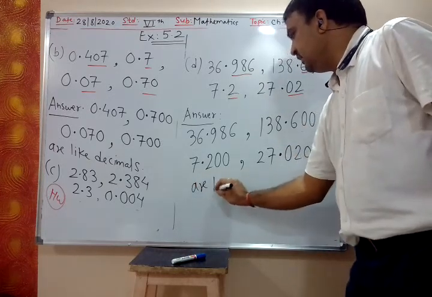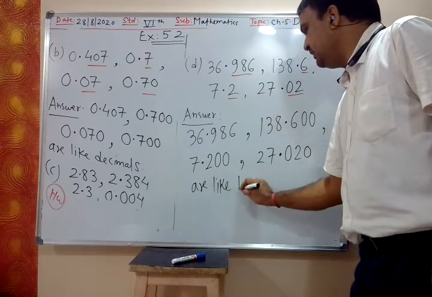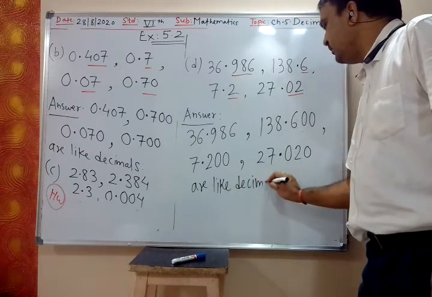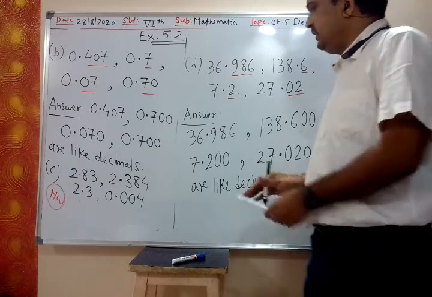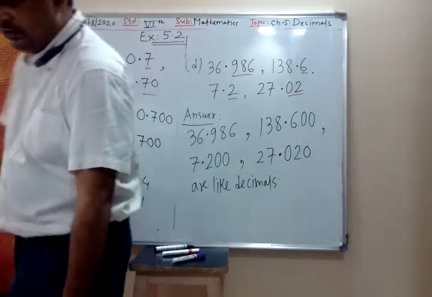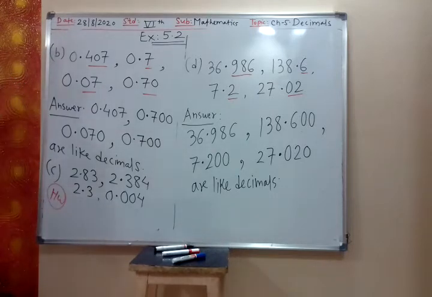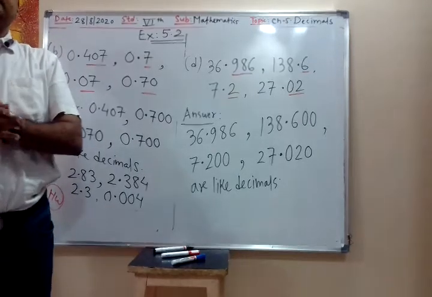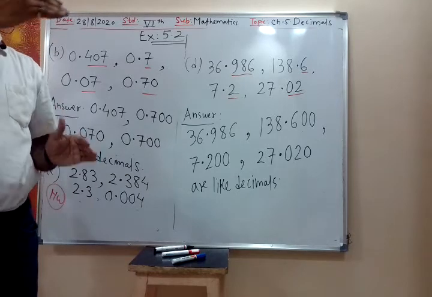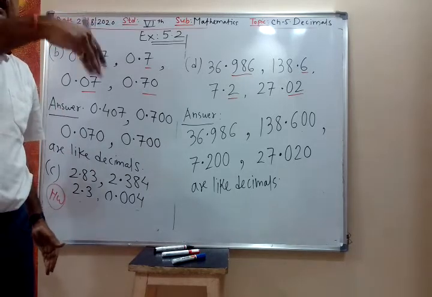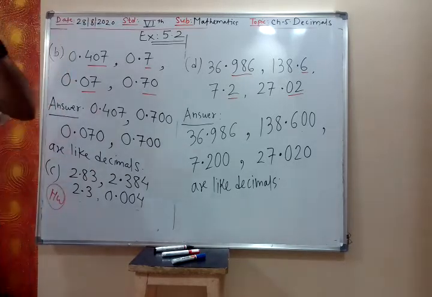So you remember, to convert unlike decimals into like decimals, we add 0 to the right of the decimal.